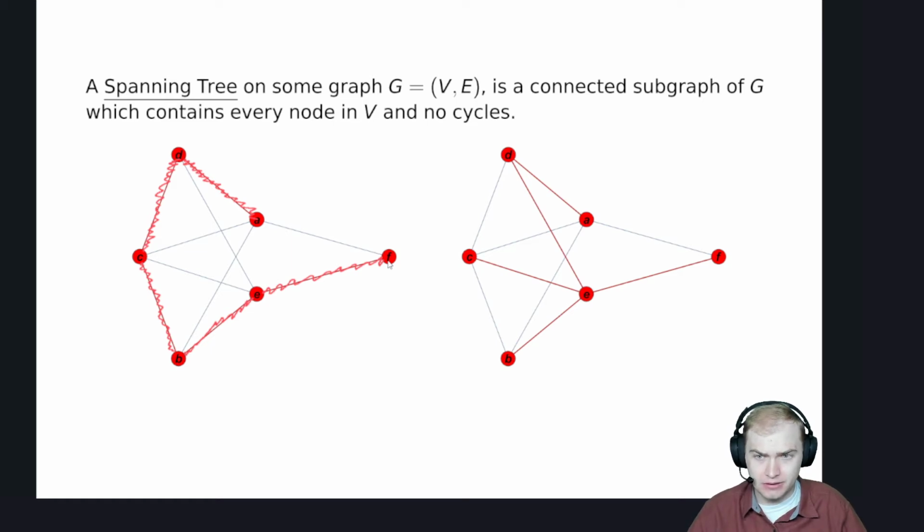but there's no cycle. So if I want to get from A to F and then back, I have to backtrack completely. I can't take another route without getting off of the tree. So in this case, this tree is just a single path. In this example, it's a little more general.